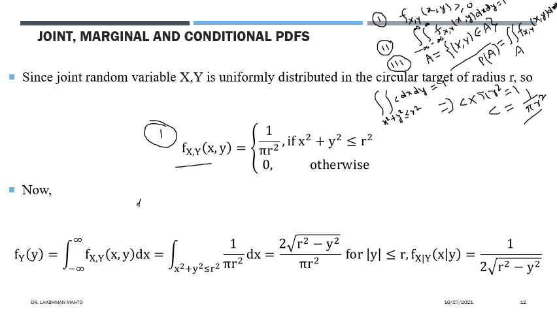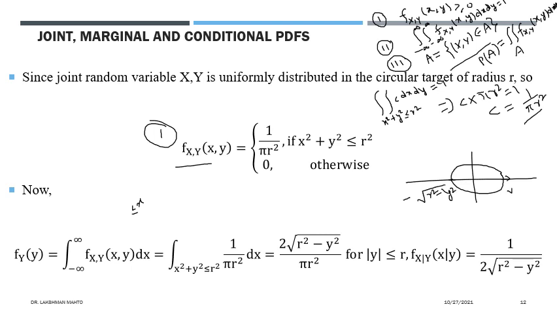X is varying just from where to where? It is just a dependent limit. This is the circular region. So x will vary from the entry point of x to the exit point of x. The entry point is negative of the square root of r square minus y square.